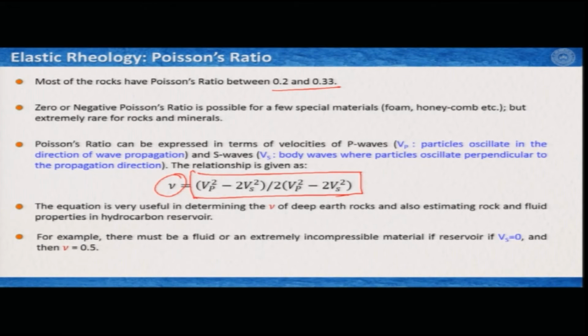With the analysis of the seismic waves, it is possible to determine the Poisson's ratio of deep earth rocks, and this is also important for the hydrocarbon industries, because it gives us an estimation of fluid properties in the hydrocarbon reservoir. For example, if Vs is 0, that means there is a fluid, and then Poisson's ratio must be close to 0.5, and so on.